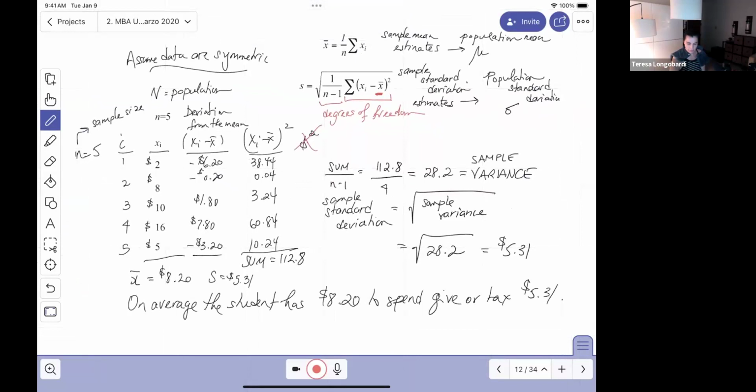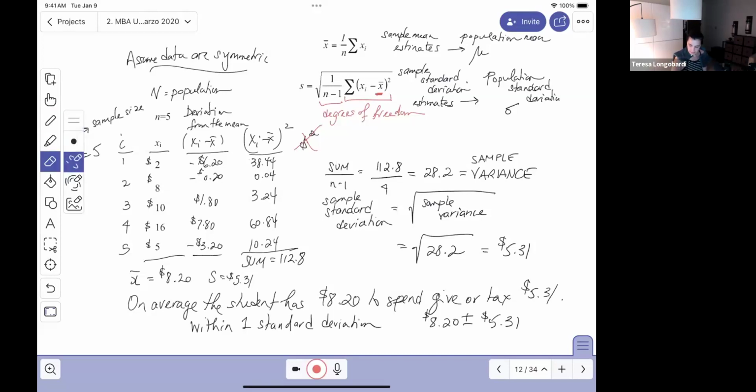So what we can do is say within one standard deviation, the student can spend, or she has, $8.20 plus or minus $5.31. That's what the give or take means. Give or take. I wrote give or tax. Give or take.